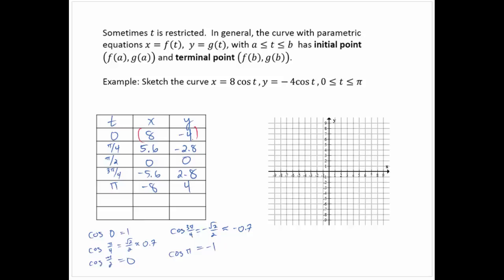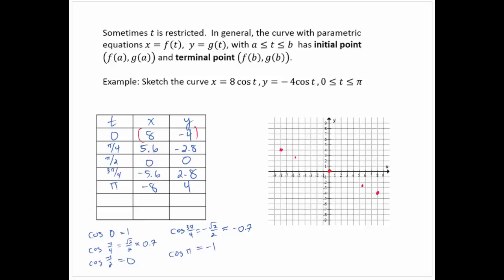And so again, we have our ordered pairs: (8, -4), (5.6, -2.8), (0, 0), (-5.6, 2.8), and (-8, 4).